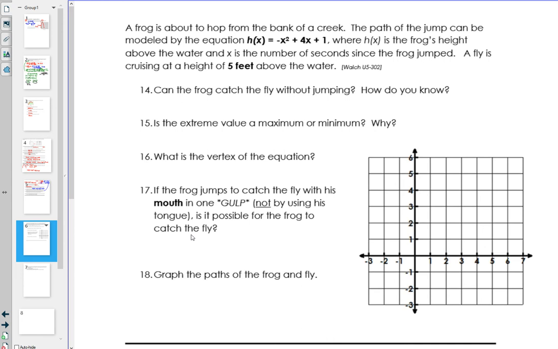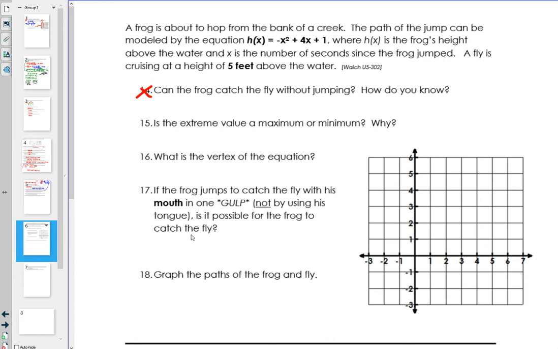Where a fly is cruising. I don't know. Let's ignore 14. Let's just graph this.